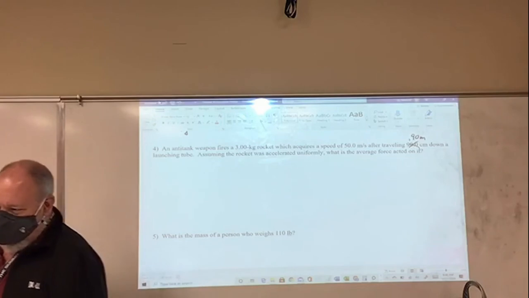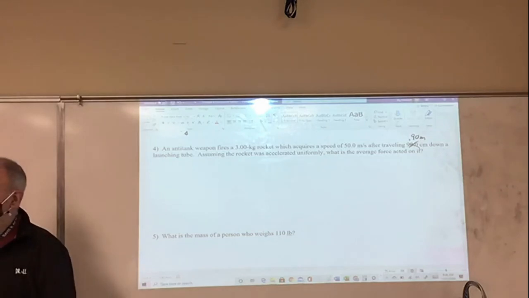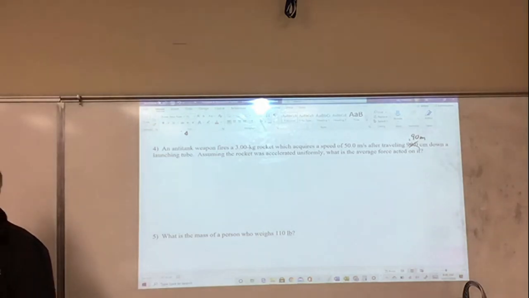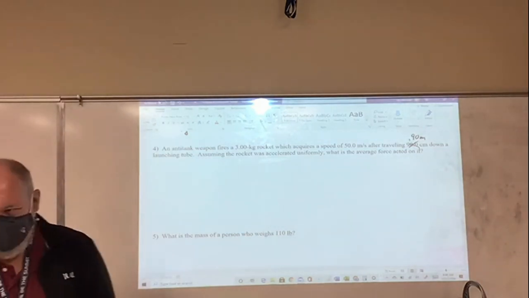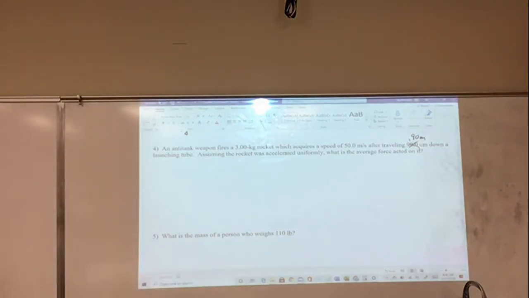You don't have time. v squared, final velocity squared equals initial velocity squared plus 2a times x minus x0. x0 drops out and v0 drops out, right?